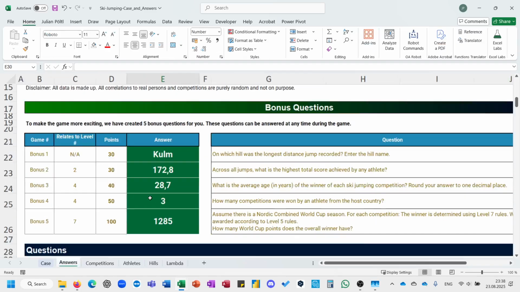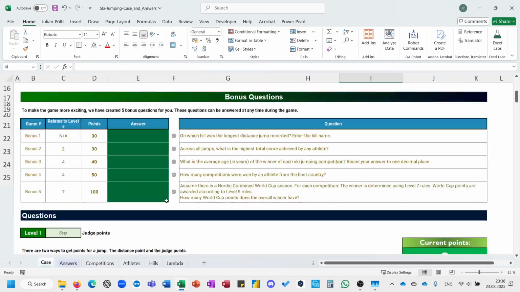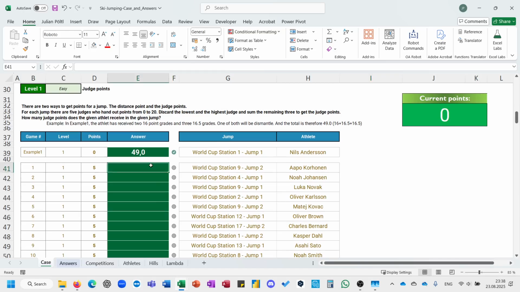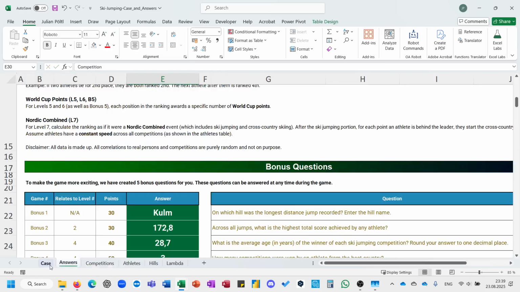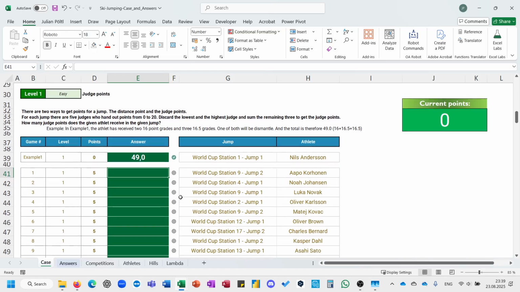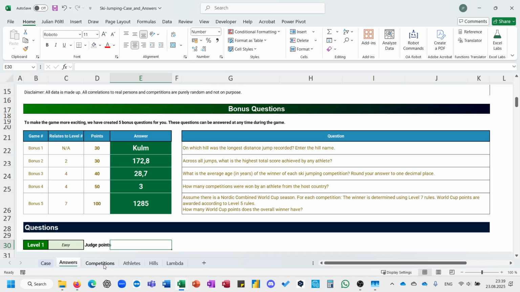So all tables, no, I don't want to go to the answer tab. Here is something we need to add. You get points from the 5 judges, and the highest and the lowest are dropped.